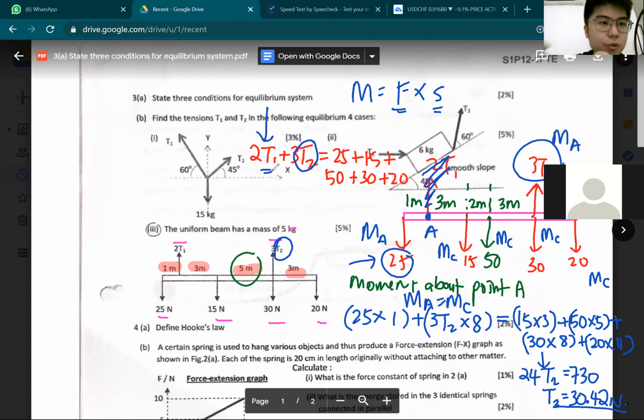You substitute your answer of T2 into this equation, then you are able to find T1. You have to use the principle of moments to help you because you have two unknowns. If you didn't use the moment, then you only have one equation but two unknowns, so you cannot find it.